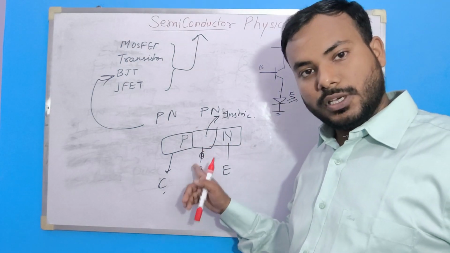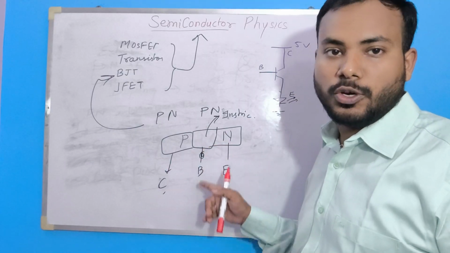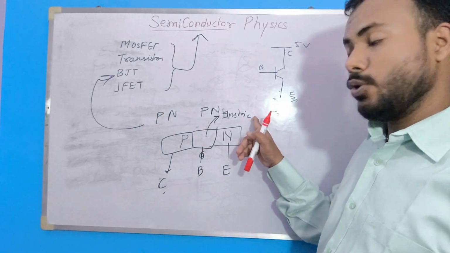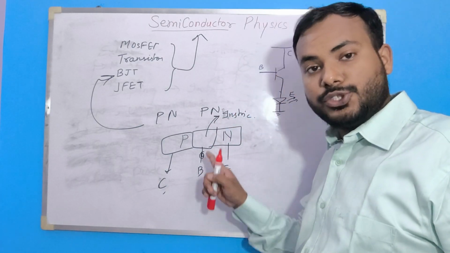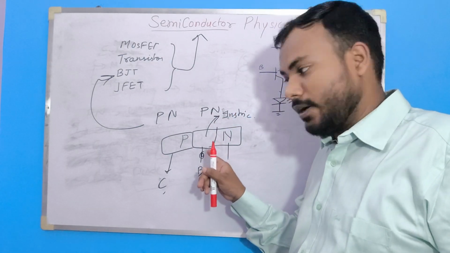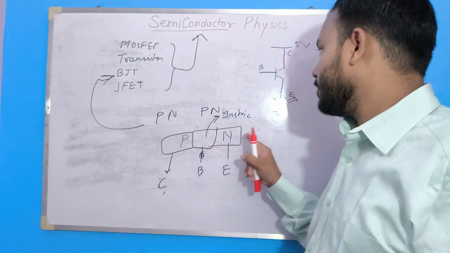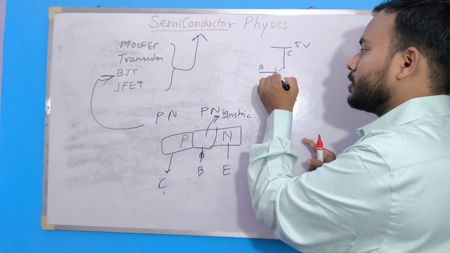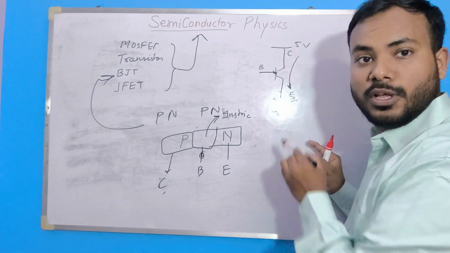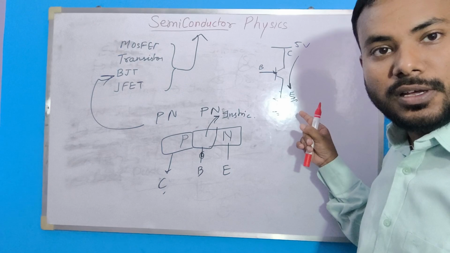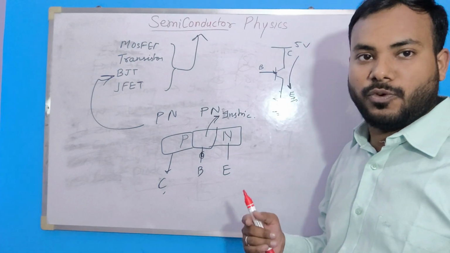So if there is an insulating layer between the PN junction diode, then no switching operation will happen. So if we apply the voltage, this applied voltage will change its property, and now it becomes a conducting device, and this will turn on this path. And if this path is turned on, then the electrons will start to flow from collector to emitter. And this is the simplest example of how switching operation is performed.